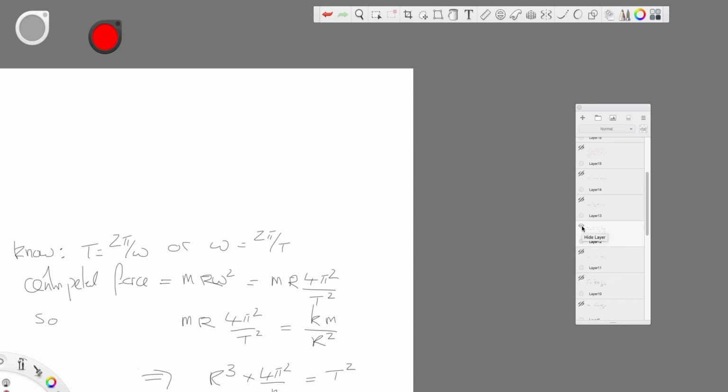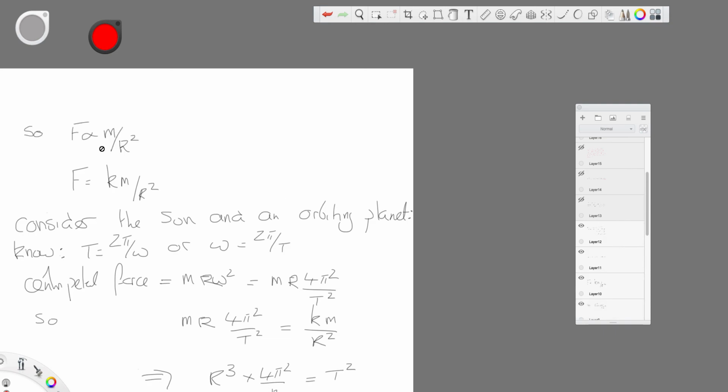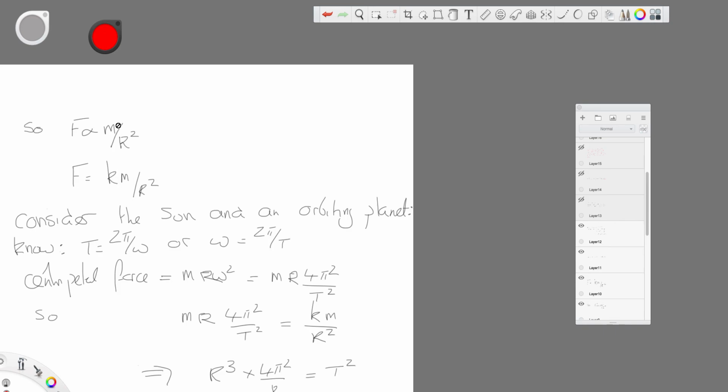So this bit we did here, where we said, well, we have Newton's idea that the force is proportional to the masses and inversely proportional to the square of the distance between them, and that this was a centripetal force.